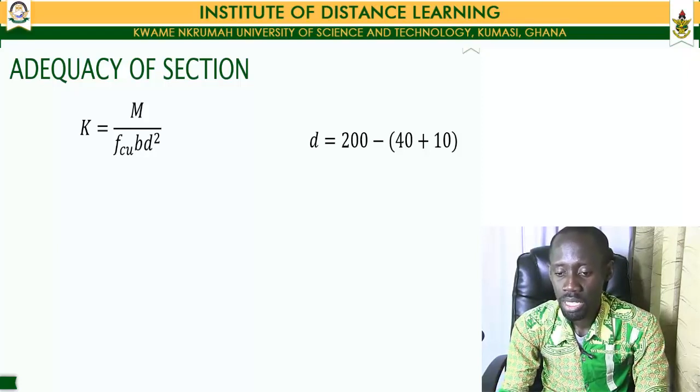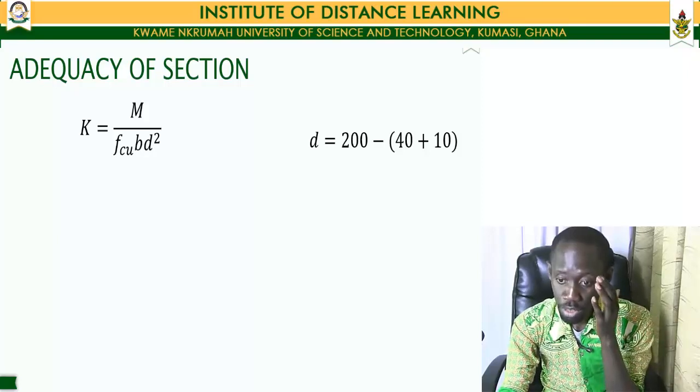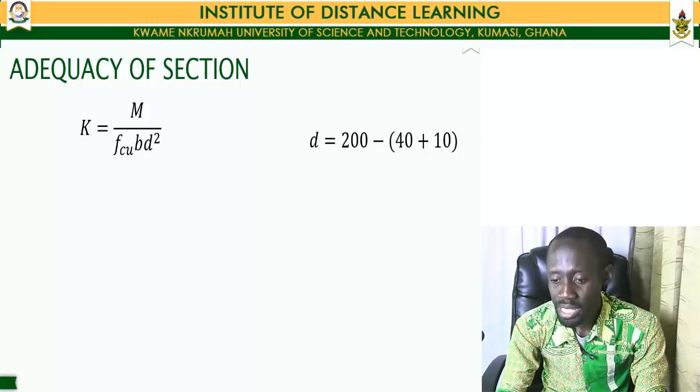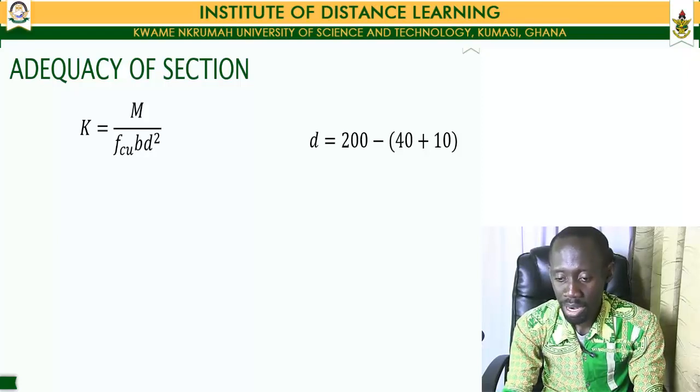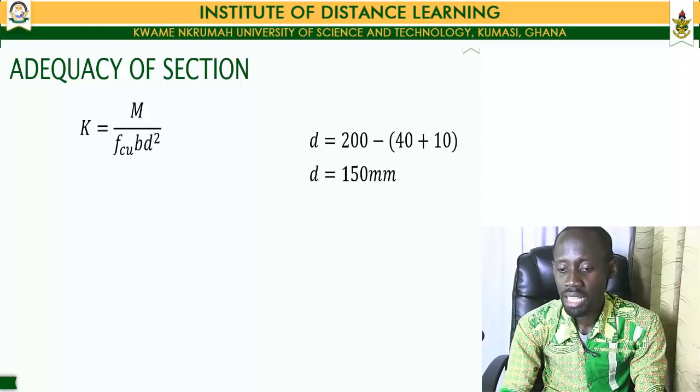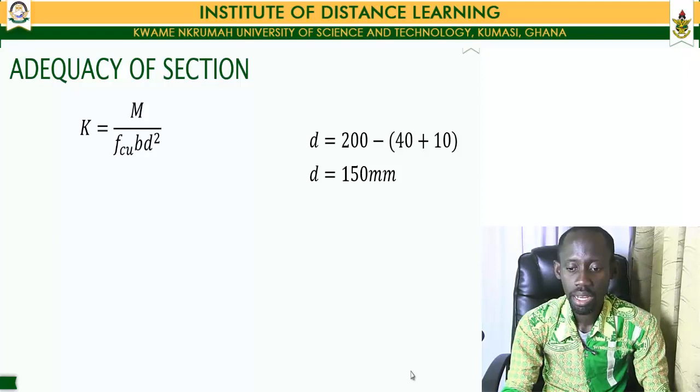Because for this design we are making use of a cover to reinforcement of 40 mm and 20 mm mild steel bars, our d effective is going to be equal to 200 minus (40 plus 10). This gives us a d effective value of 150 mm.